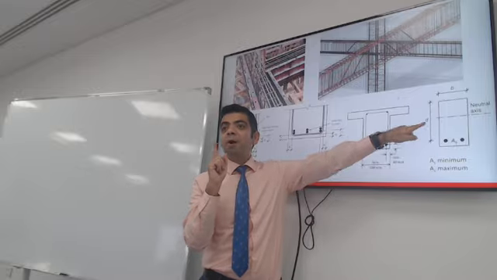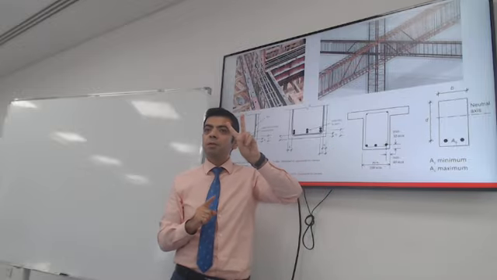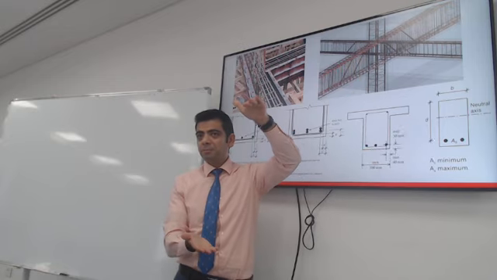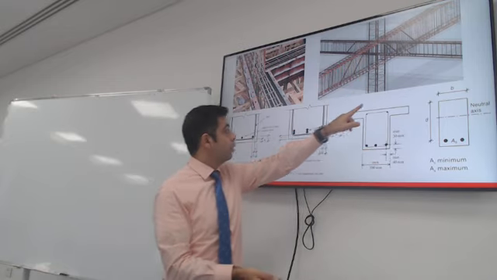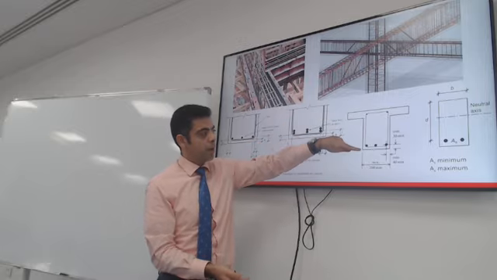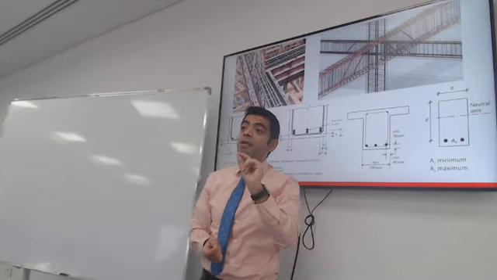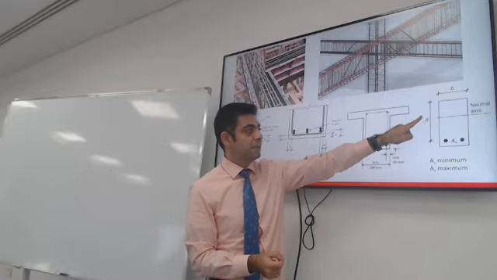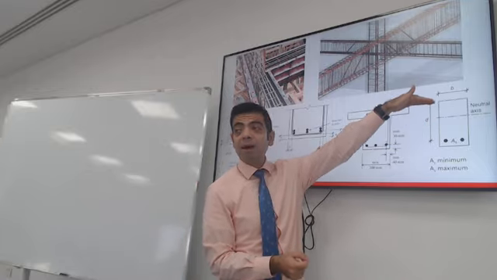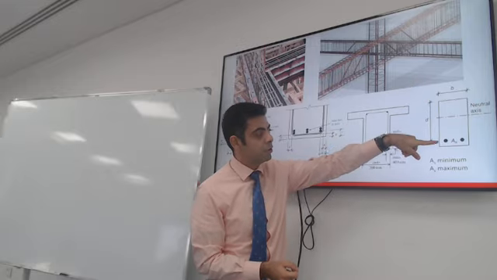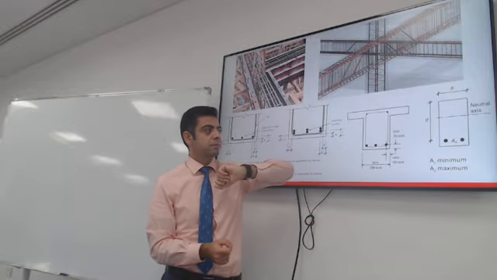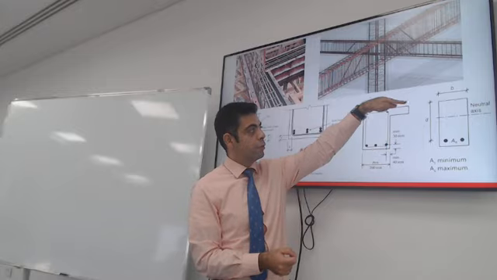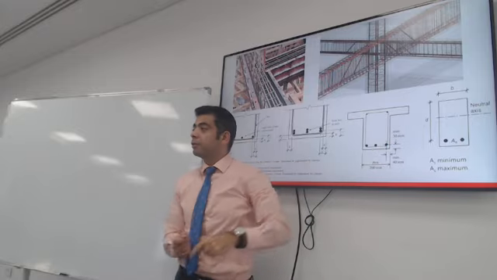So there are two values that you will need regarding the height of the section. There is the overall height from the very top to the very bottom, but there is another value that you will need in the design, which is d. d is the distance from the very top of the concrete to the center line of reinforcement. Any guess how we calculate d if we know the overall height of the cross section?